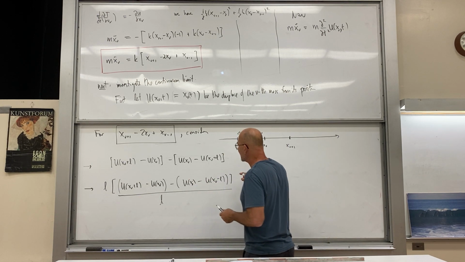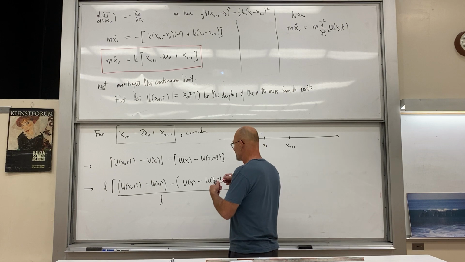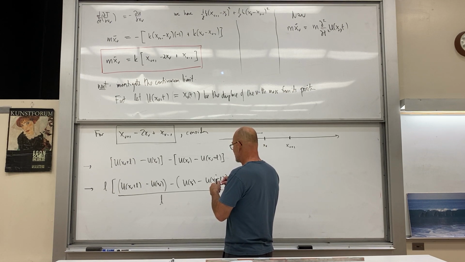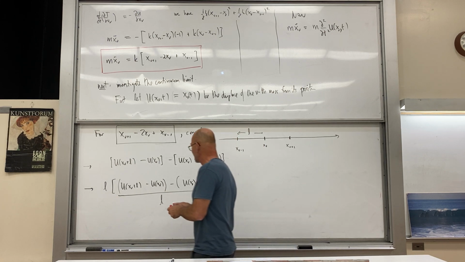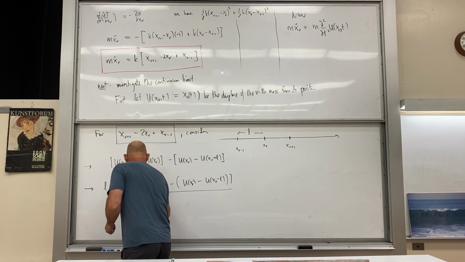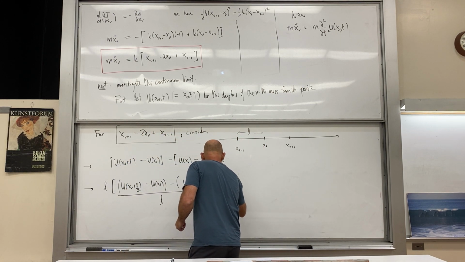X nu plus L, that's not L, that's supposed to be L over 2, yeah. Otherwise I'd have too much minus L over 2.